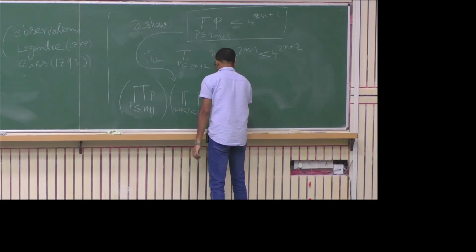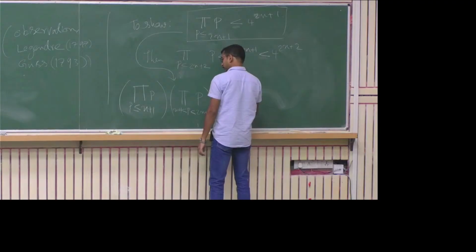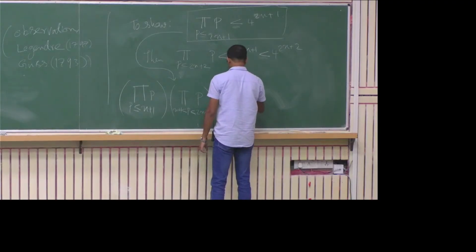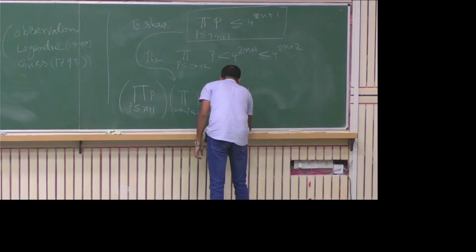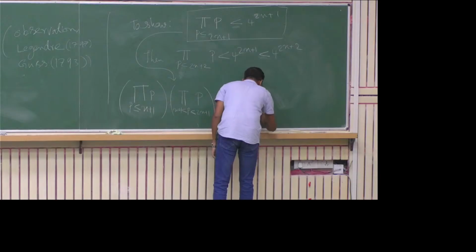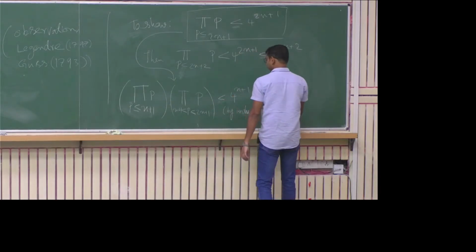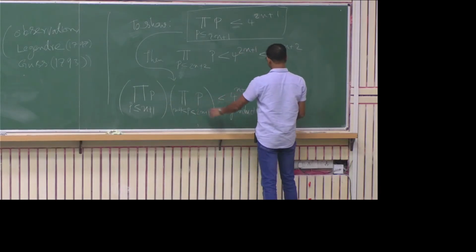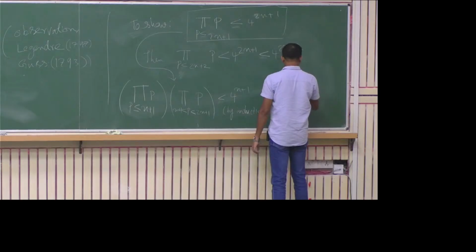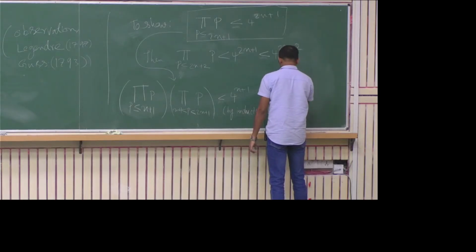So for the first one, it is strictly less than 4 power n plus 1. This is my induction. For the second one, we just saw that this part is less than or equal to 2 power 2n plus 1.